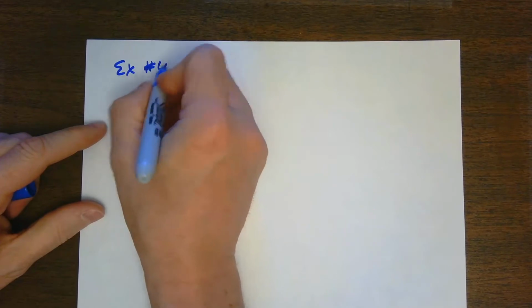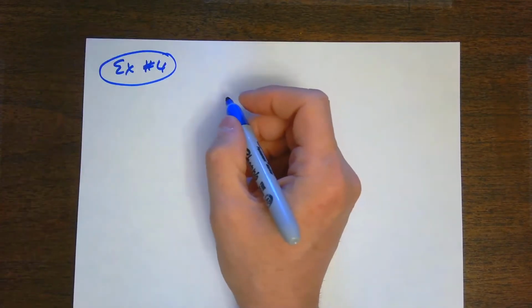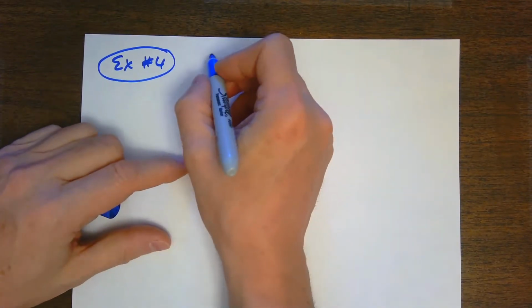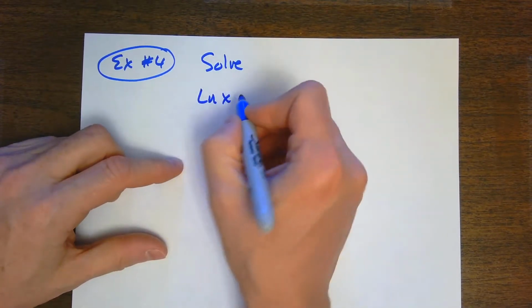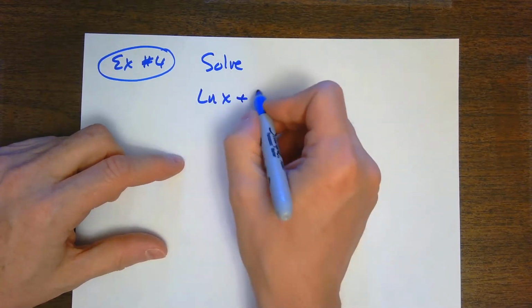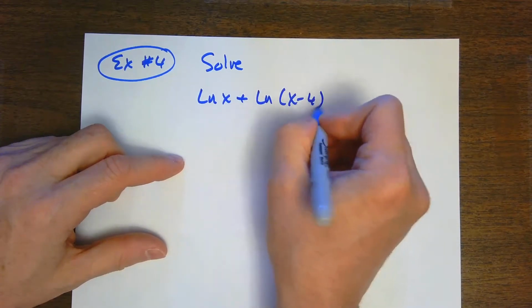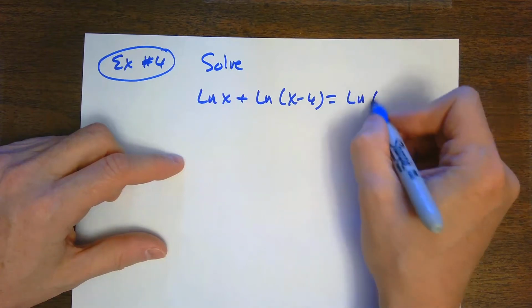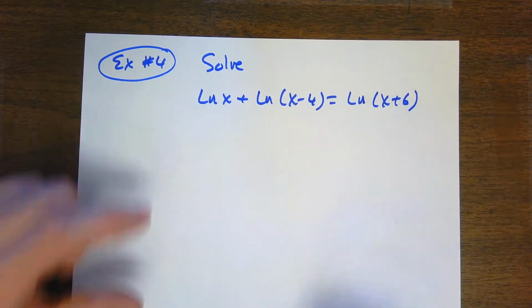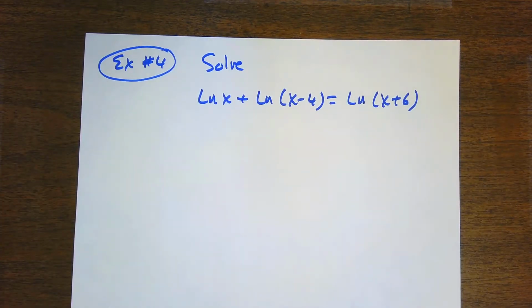Example number 4. For example number 4, I want to solve, and let's talk about natural logs this time. The natural log of x plus the natural log of (x minus 4) equals the natural log of (x plus 6). All right, let's see what I want to do here.